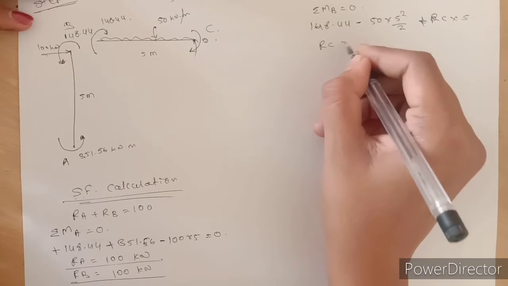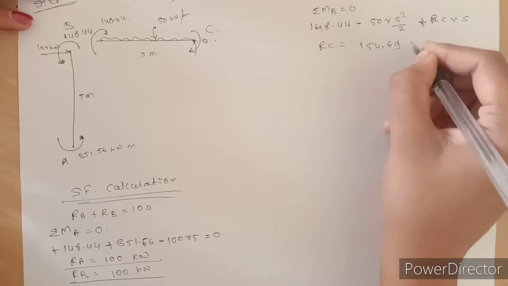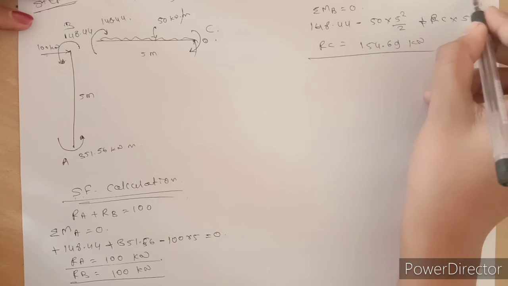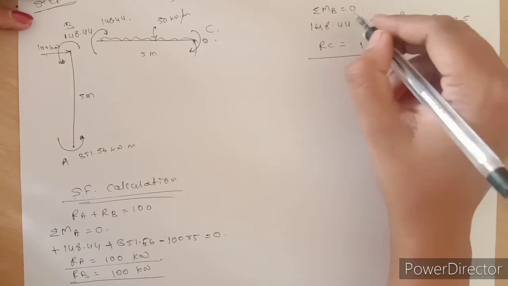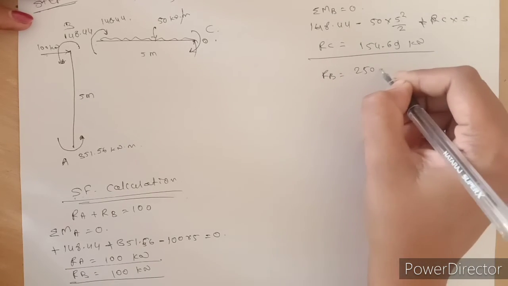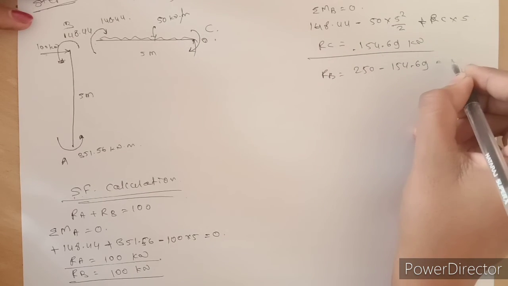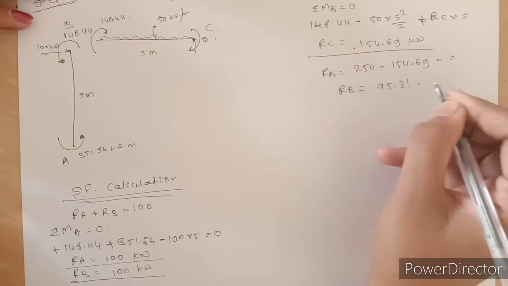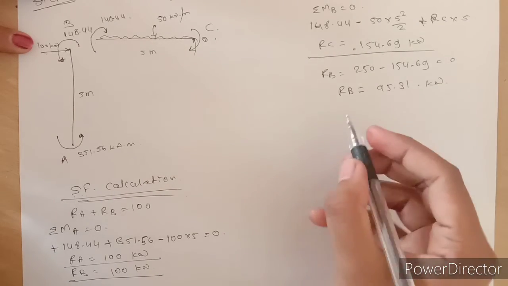So RC is equal to 154.69 kilonewton, and putting this value in the equation, 250 minus RB, that is 250 minus 154.69, so RB is equal to 95.31.